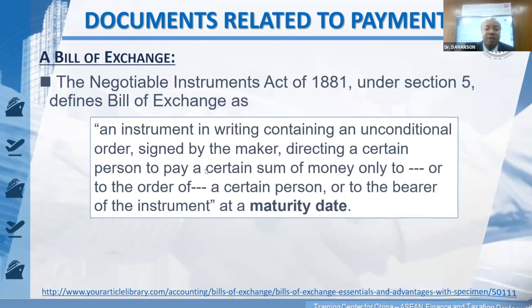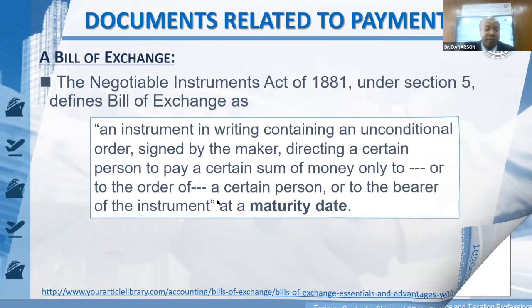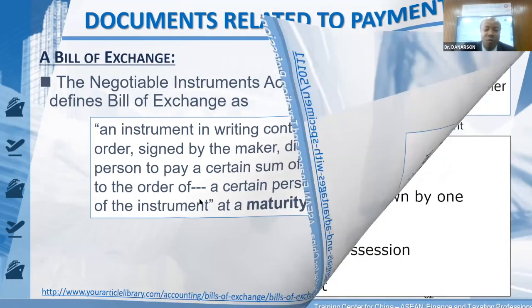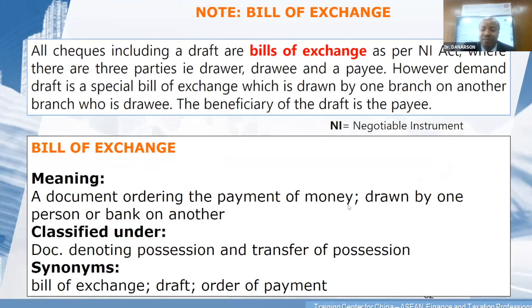And here we have a little more definition that can make things easier. A document ordering the payment of money. When you are talking about payment of money, there's somebody who is paying and somebody receiving payment. So it's drawn by one person or a bank on another.